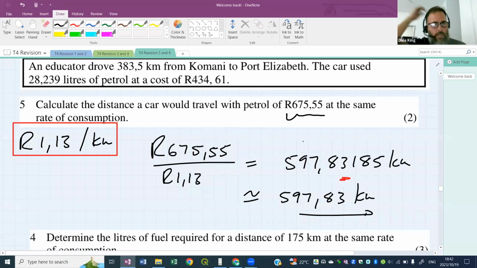Now, I want to point out here, we had questions 1, 2, 3, 4, 5. We did 1, 2, and 3. And then in question 4, we actually started using answers from the previous questions. Now, I know what some of you are thinking. What if I get questions 1, 2, and 3 wrong, and then I use that answer in 4 and 5, but it's wrong? Do not worry.